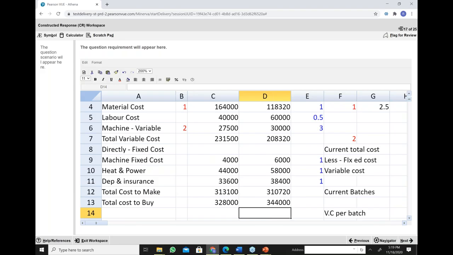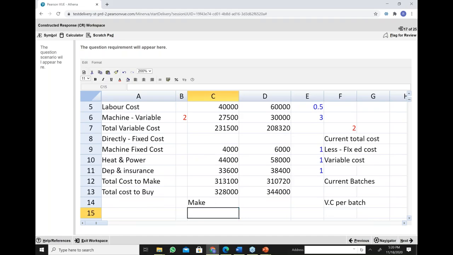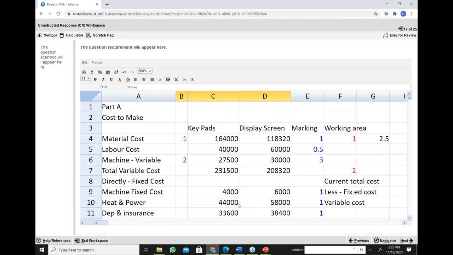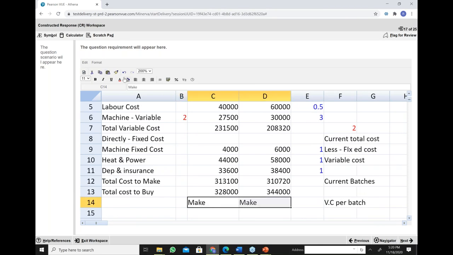Okay. So now can you tell me, guys, what is the decision quickly? What is our decision? Make or buy? Make. Cost is less. Make, which means both the products should be produced in-house.